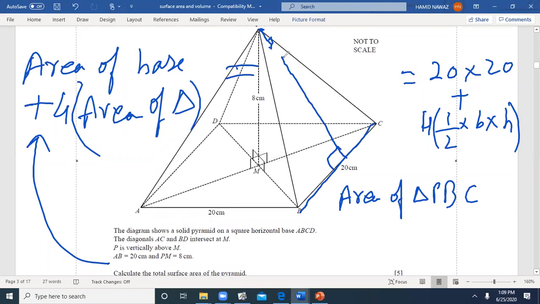Got it? Now what do we have to do here? Basically, we need to find out this. Then we'll be able to put it in here. Base, we know it is 20. So, beta, from here we will draw a line. This is very important, my child, please understand it. I will upload this video on your channel, inshallah. See, if this is 20, this is the half.